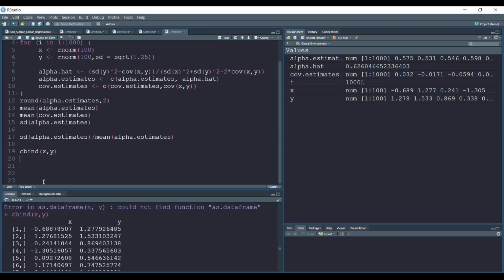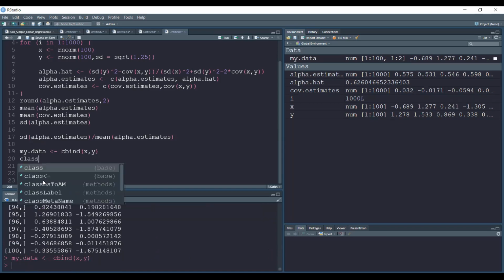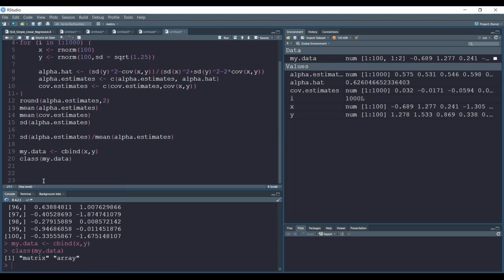But if I had to save it as something, just call it my data. What kind of object is it? You can always ask R. class my data. It's a matrix or an array.